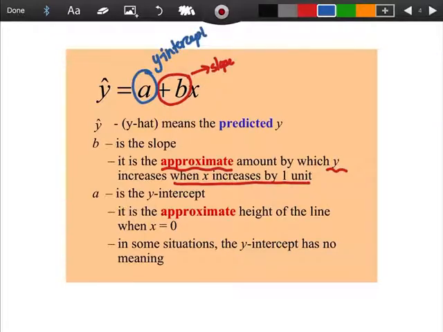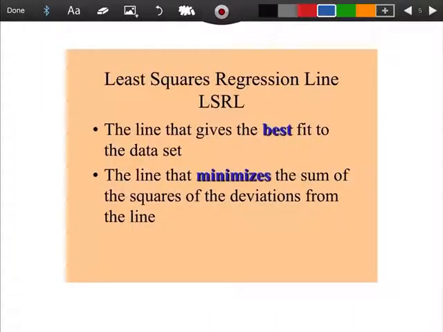Our constant is also known as our y-intercept. Our y-intercept is the y value when x is 0, or it's the approximate height of the line when x is 0. In some situations, our y-intercept has no real-world meaning, and in other contexts, it does. We've just got to look at each situation separately.